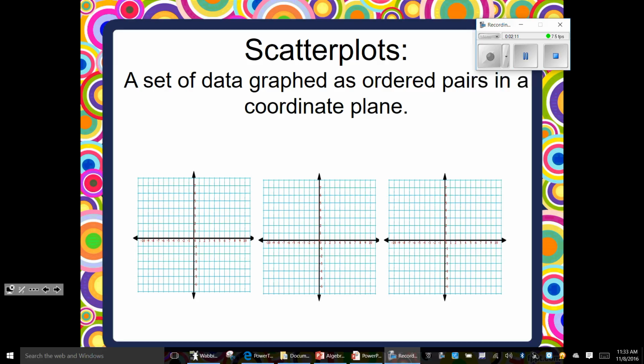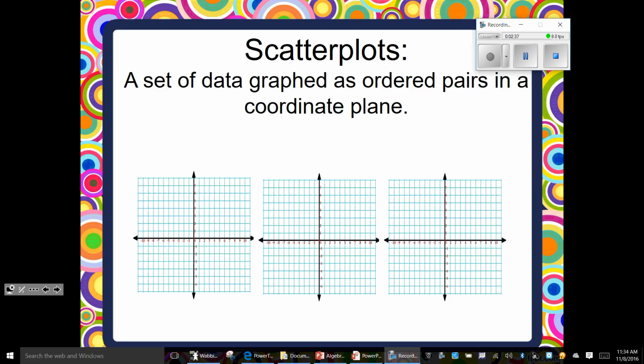Scatter plots. We're going to look at scatter plots today. A set of data graphed as ordered pairs in a coordinate plane, and we're going to be looking at real world situations. So my question to you is, when you graph real world situations, will it always make a perfect shape?